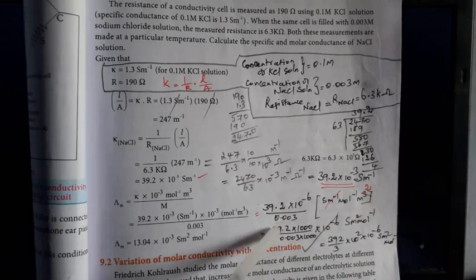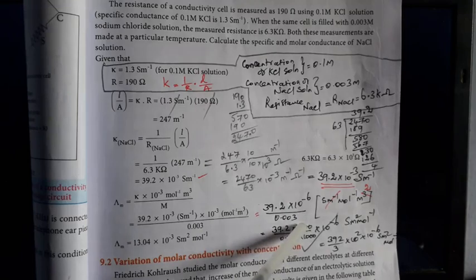I make 0.003 a round number: numerator multiplied by 1000 and denominator multiplied by 1000.